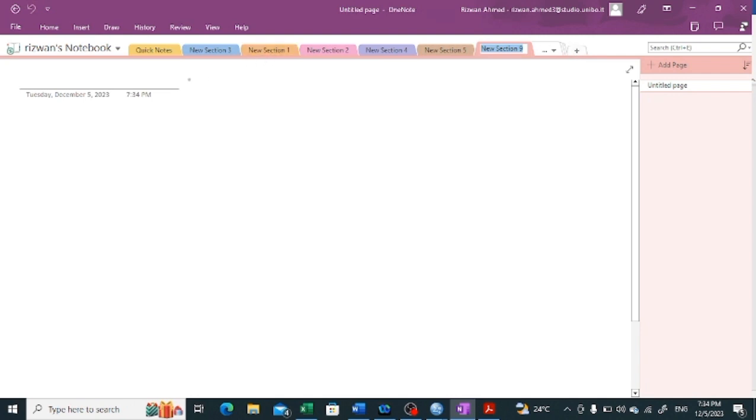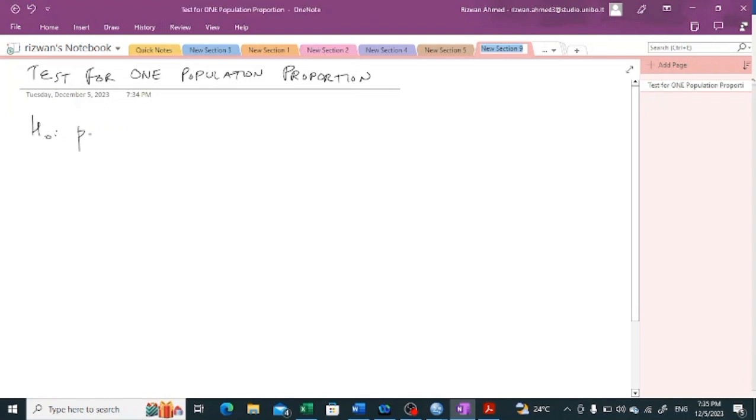Test for one population proportion. H naught: P equals 0.5.